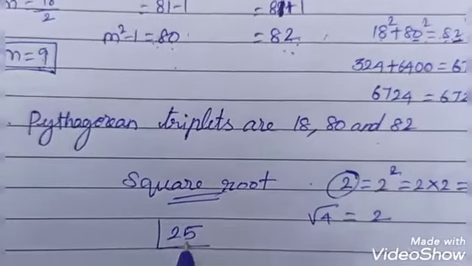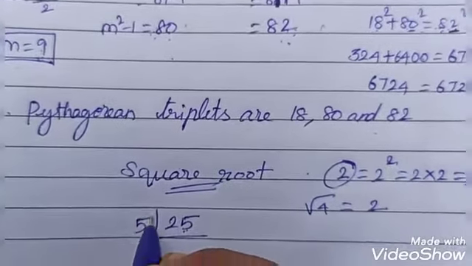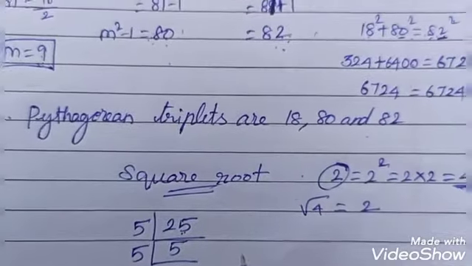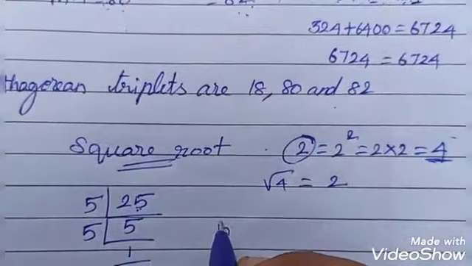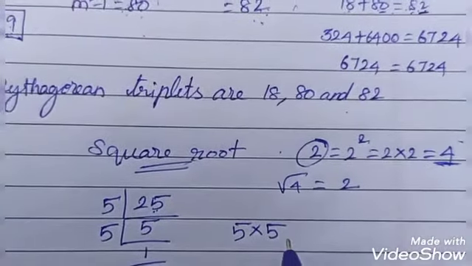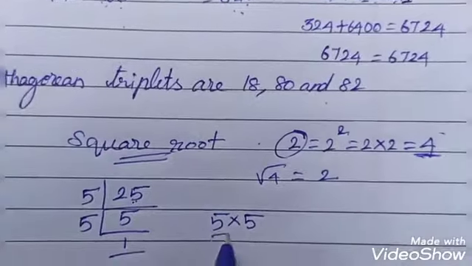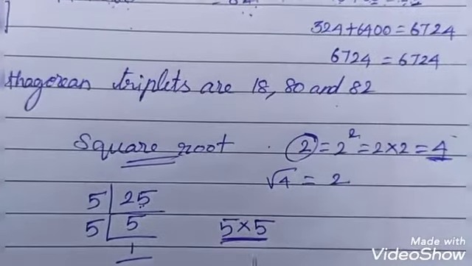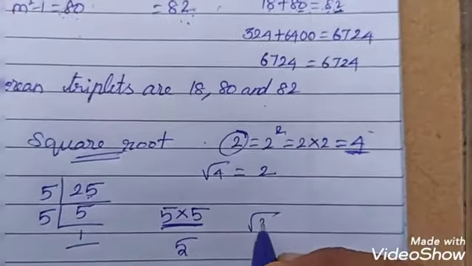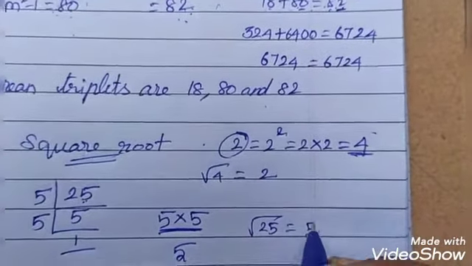It is divisible by 5. 5 5s are 25. So in a square root, if you take a pair one time, you take only one 5. So the square root of 25 is nothing but 5.